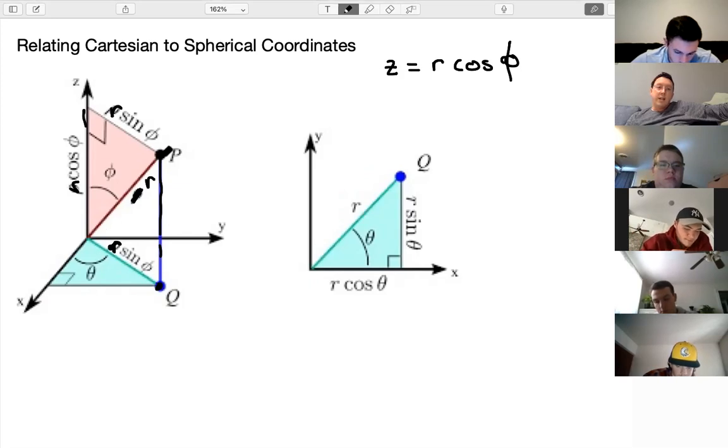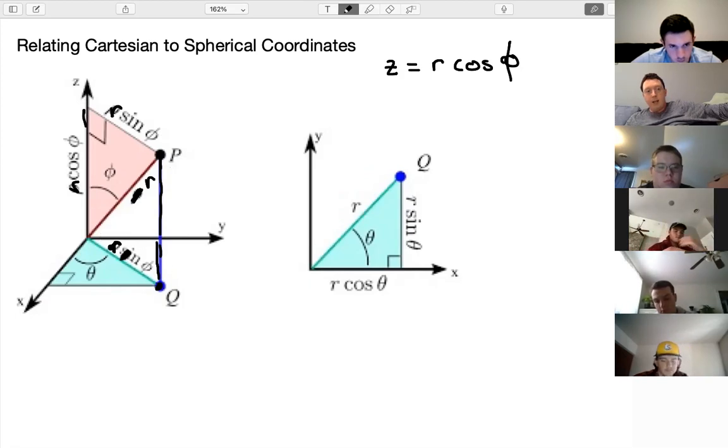When you project down into the xy plane, there's another triangle that you can define using theta and some hypotenuse. But the hypotenuse you get in the xy plane is not r, it's actually the perpendicular distance away from the z-axis. So that's actually going to be r sine phi. So the hypotenuse in the xy plane is r sine phi.